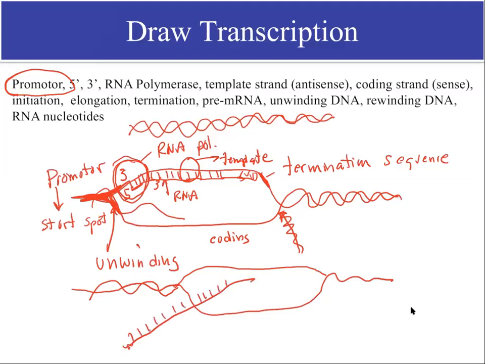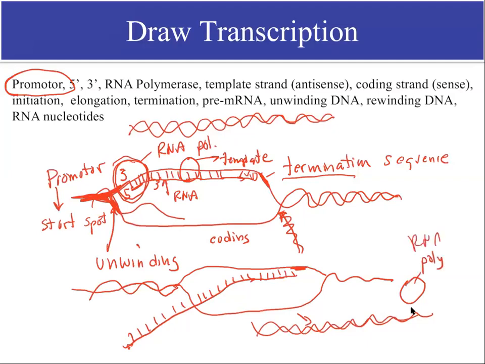There we go, it started coming off. And eventually it's going to hit that termination sequence. And now it's done. It's finished in terms of copying the DNA. And our DNA, so the next moment later, will have rewound because the RNA polymerase will have come off.